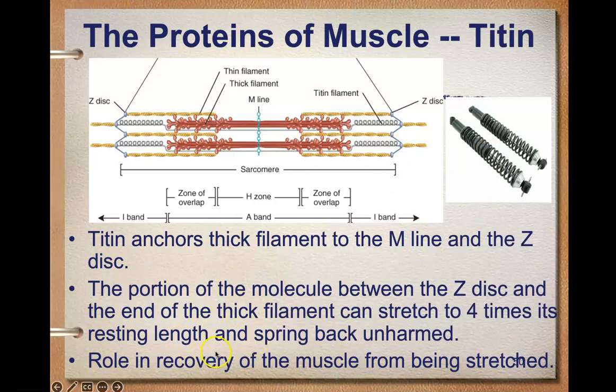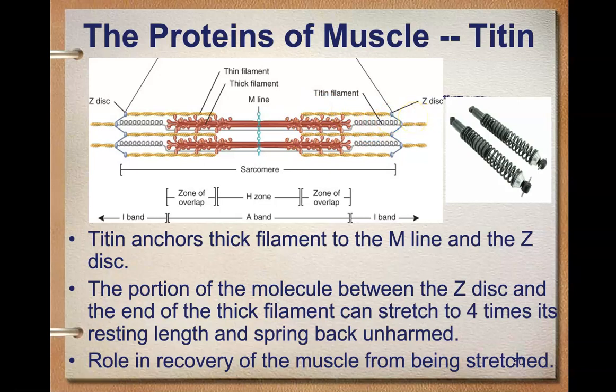This is really important because obviously this plays a big role in the recovery of the muscle after it's been stretched. Obviously, to a point, if you overstretch a muscle, then you can damage some of this and even possibly tear this from the actual Z disc. But for the most part, in normal muscle contraction, when a muscle is stretched, this protein is what helps it bounce back, right?